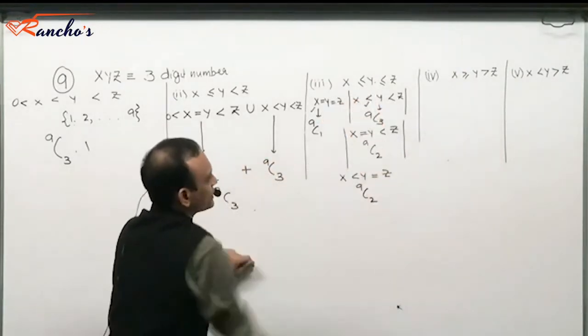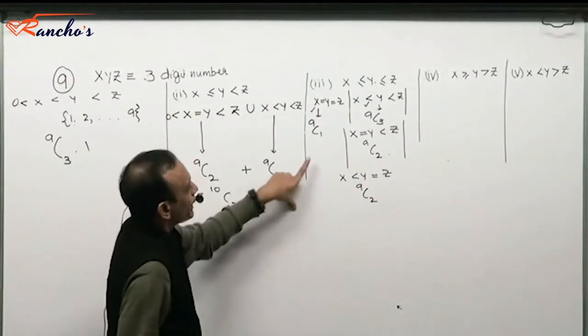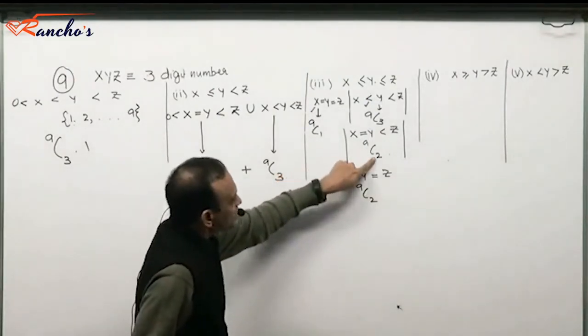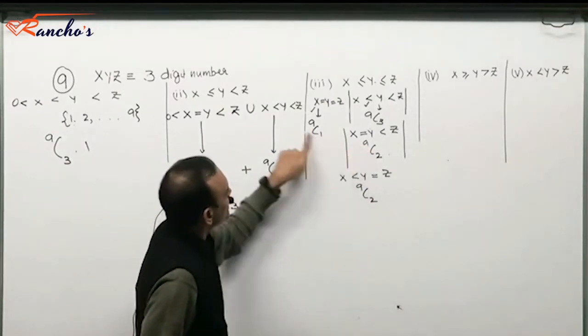So now if I add all of these, realize that nCr plus nCr minus 1 would be n plus 1 Cr. So this plus this would be 10C2.